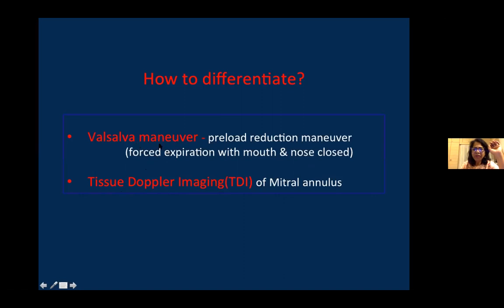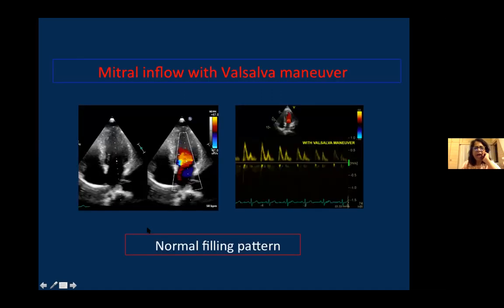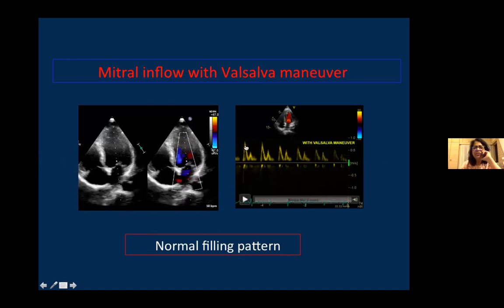So in the Valsalva maneuver, we reduce the preload by asking the patient to do a forceful expiration with closed mouth and nose. And the second one is tissue Doppler imaging. I'm going to show you one by one. Now let us see what happens to this patient who has come for a heart checkup, and I get a pattern where the E wave is more than the A wave.